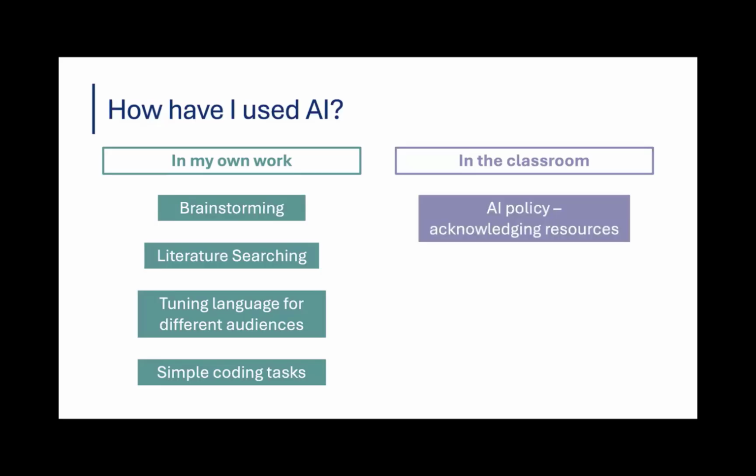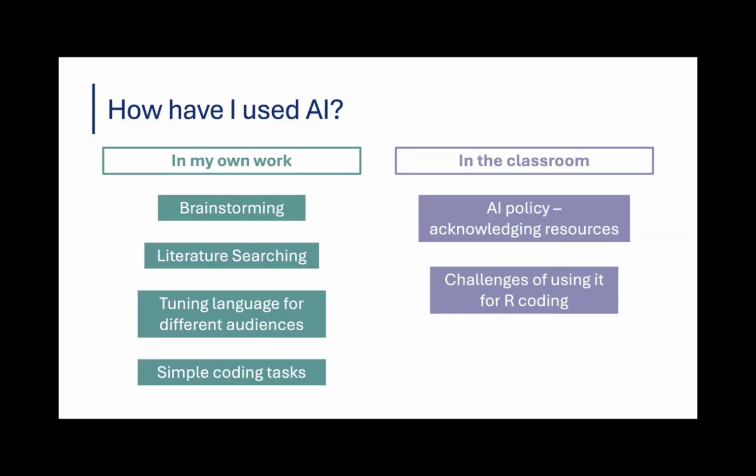And then in the classroom, I have an AI policy, and the foundation of this is that I make sure students understand that, like with any resource, they have to acknowledge when they're using AI. I will talk a little bit more about how making this explicit has been really useful for helping nudge students towards more useful uses of these models.